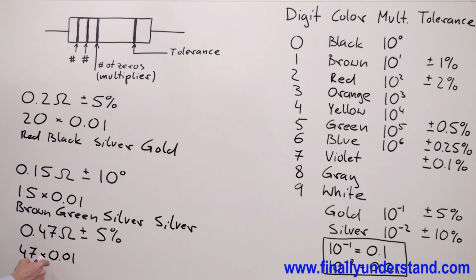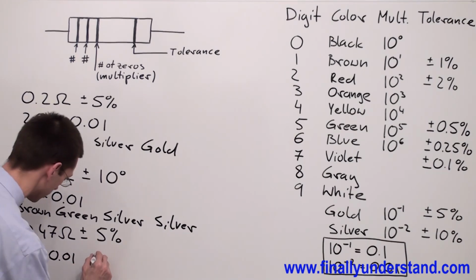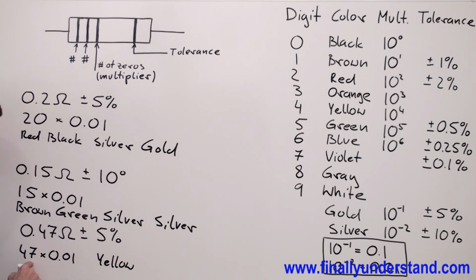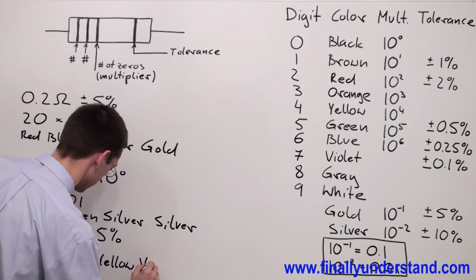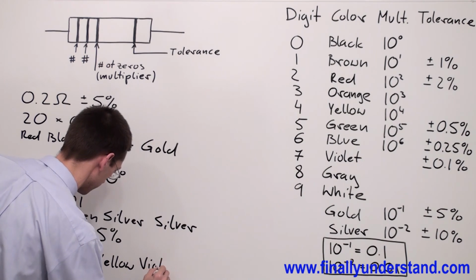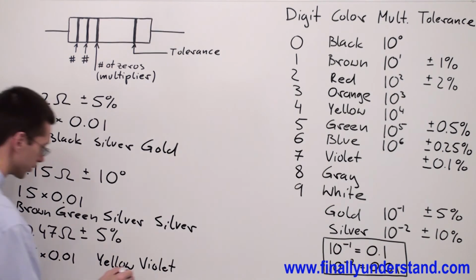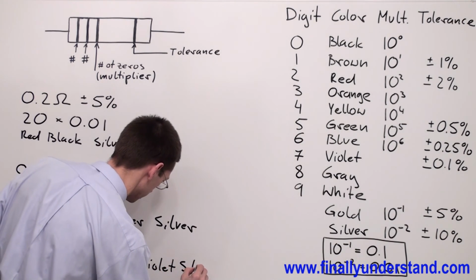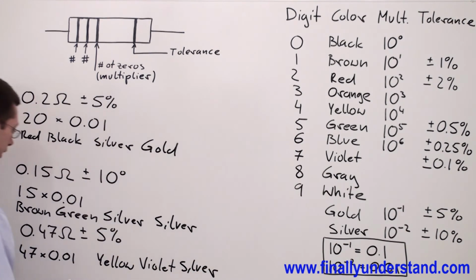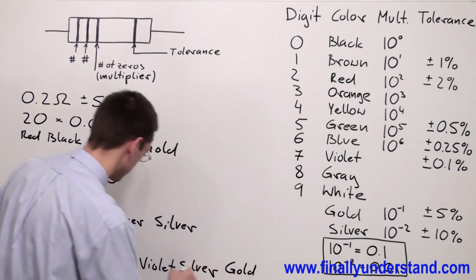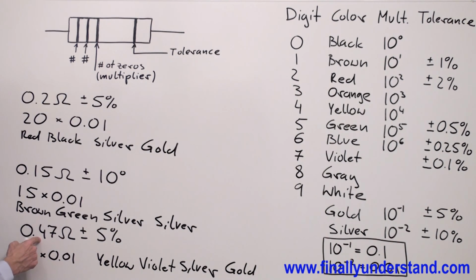The color code for this resistance is going to be 4 is yellow, 7 is violet, 100 is silver, and I have tolerance 5%, which is gold. This is the color code for this resistance.